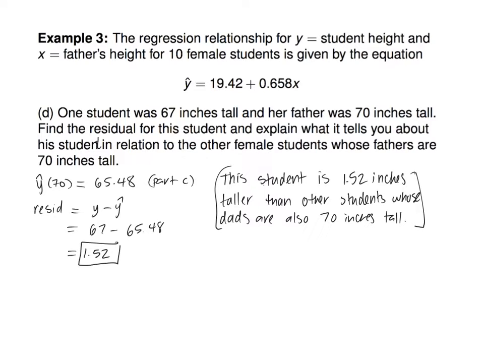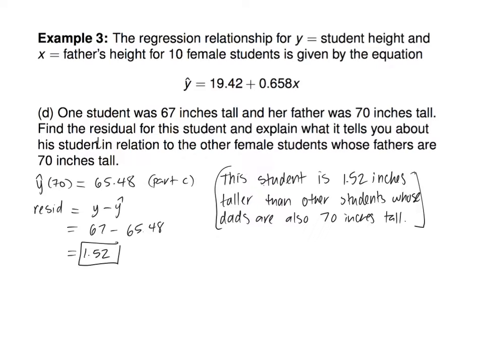Is that statement right? Other students whose dads, because that doesn't actually determine that their dads are going to be 70. No, this part is definitely talking about a group of people whose dads are all 70 inches tall, and in that subgroup she's 1.52 inches above their mean.